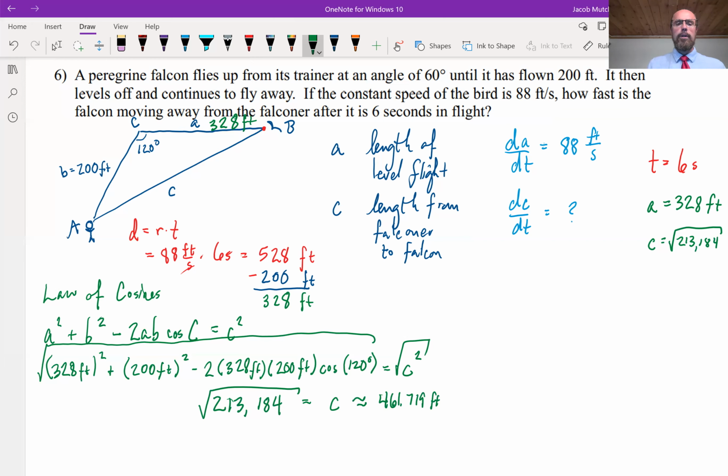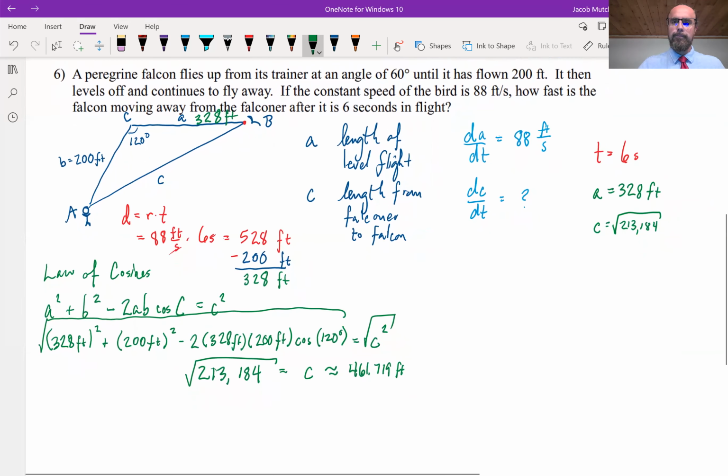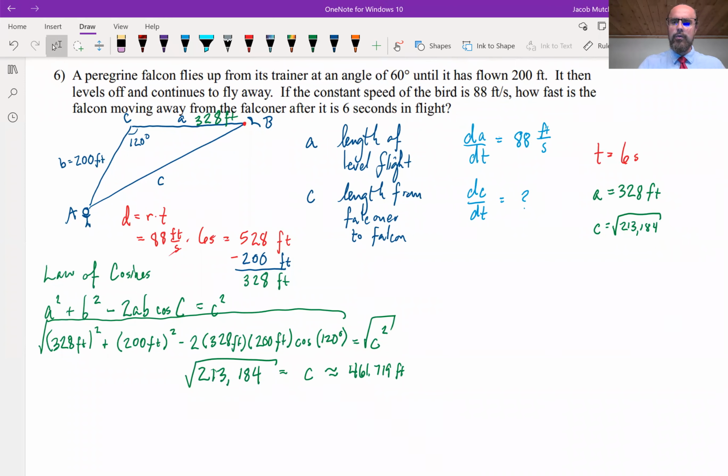That's actually what I want to use to approach taking the derivative and solving for dc dt. So what I'll do is I'm going to take that formula, which is again a squared plus b squared minus 2ab cosine of angle C equals c squared.